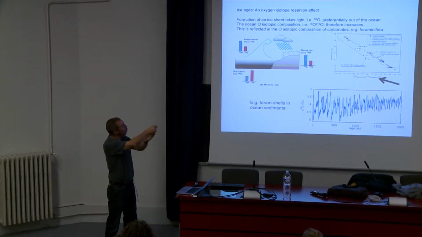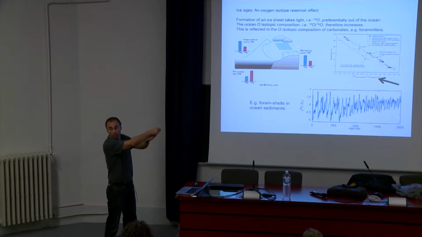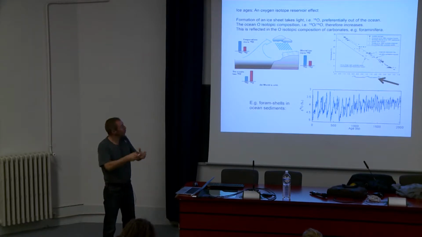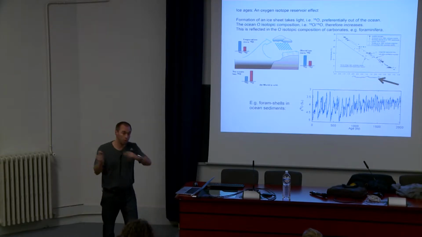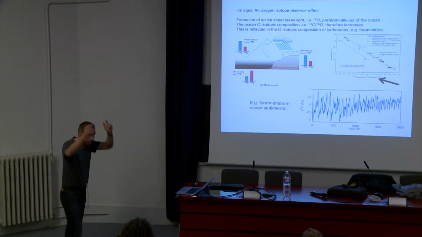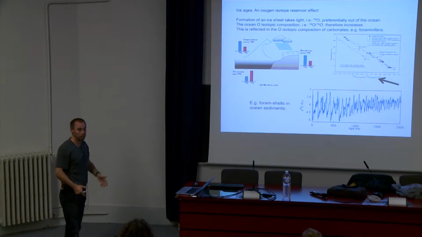And this light water vapor that is evaporated is going to precipitate and fall and form an ice cap in an ice age. So the ice is light, but in an ice age there's a lot of ice produced, which leaves the water heavy. So when you go back and forth between ice ages, the isotopic composition of the ocean fluctuates quite dramatically, several per mil, a fairly big change.